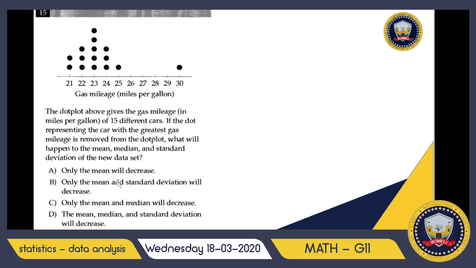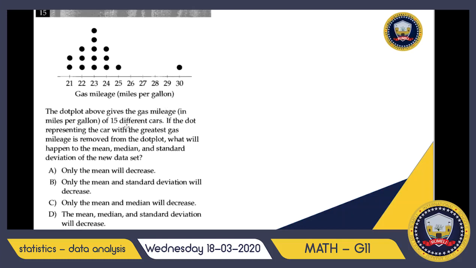We have to pay attention that each and every time we have an outlier in the list of samples, we have a change in the mean and the standard deviation. So the question is asking me to find the mean, median and standard deviation before and after removing this outlier.